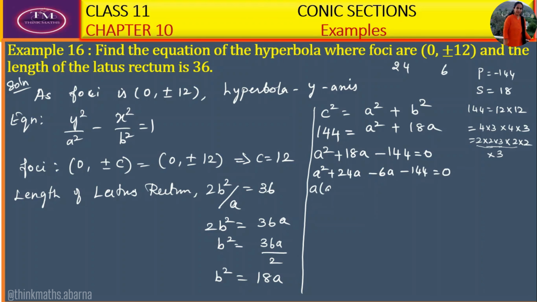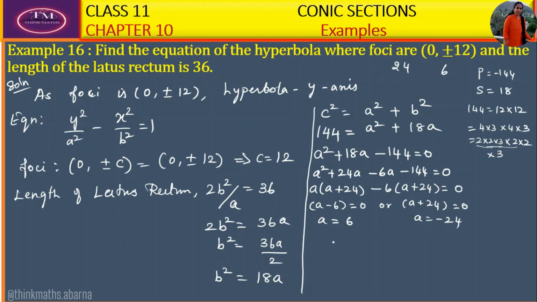Taking a outside, it will be a plus 24. Here taking minus 6 outside, it will be a plus 24 equal to 0. So it is a minus 6 is equal to 0 or a plus 24 equal to 0. So this value a will be 6. Here a will be minus 24.